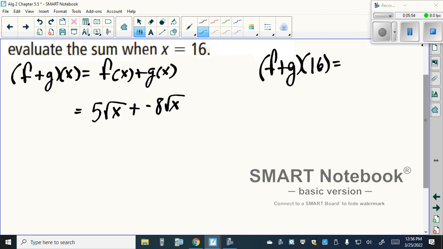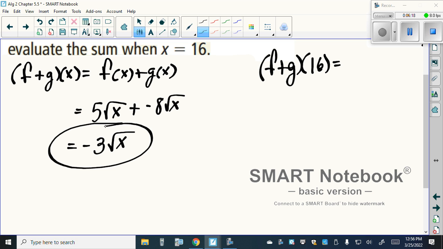And again, since both of them have the same radical, they're both square roots, and what's inside the square root is the same, it's both x, we can go on and add the numbers. So we can add 5 and negative 8. And 5 plus negative 8 is negative 3, and we have the square root of x. And this here would be our answer.